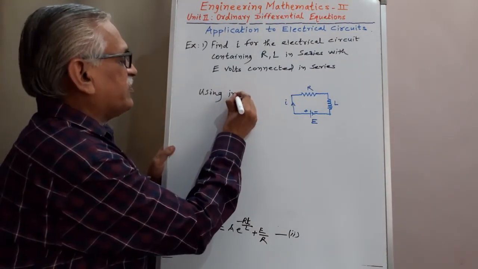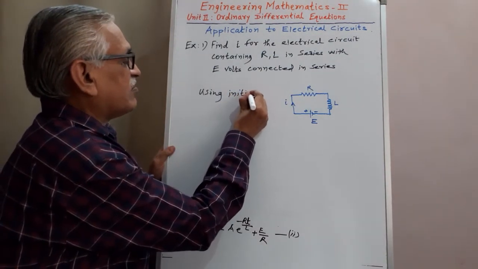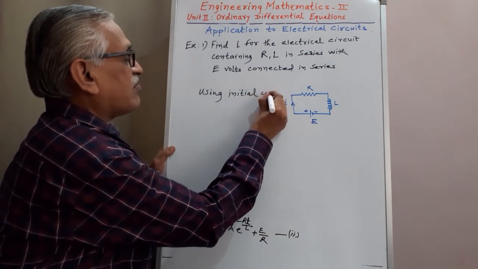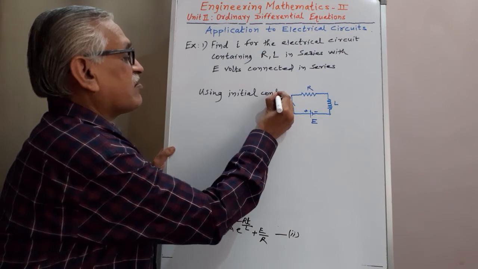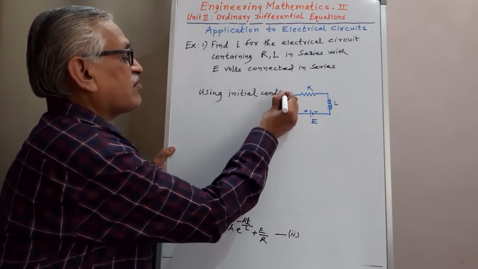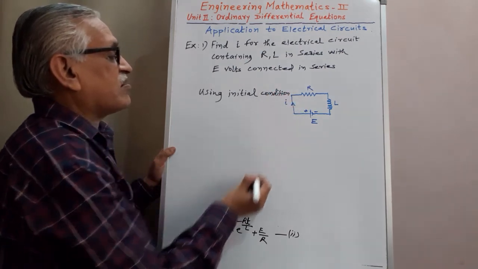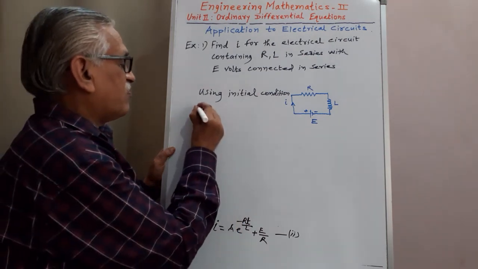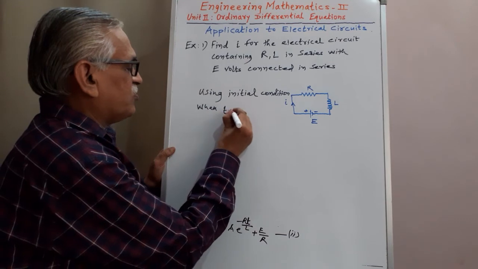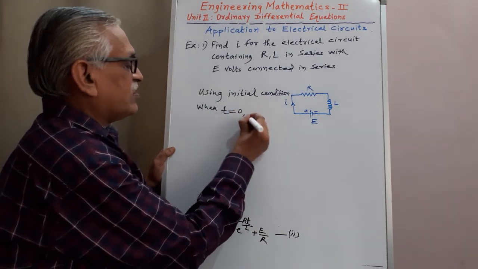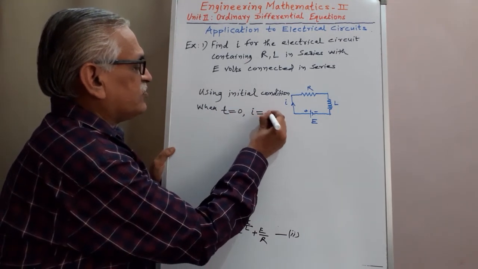Using the initial condition, when T is 0, the current through that circuit is 0.